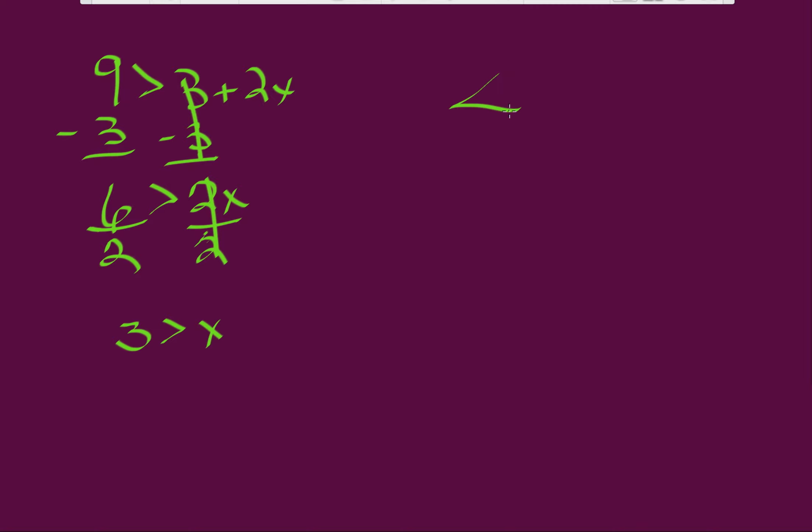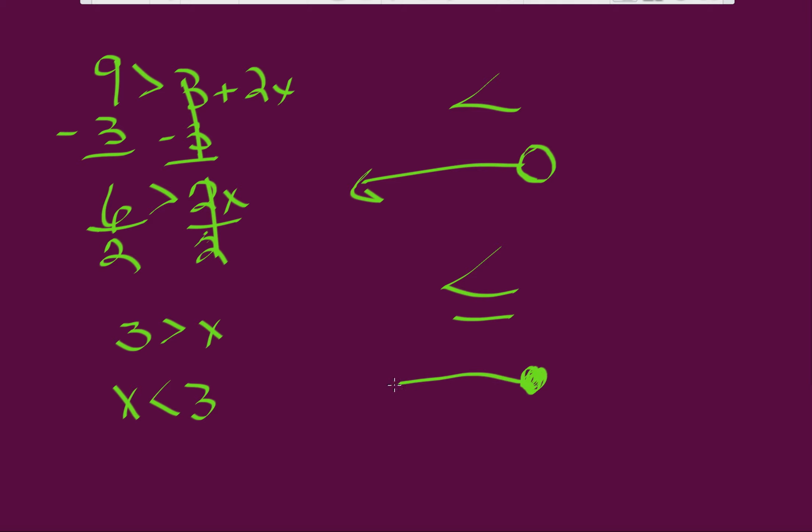So less than, we're going to rewrite this as x is less than 3 because it makes your brain feel better. Less than means the graph points to the left. Greater than would mean the graph points to the right. What about the circle at the end? Well, if it doesn't have an equal sign on it, it's open. If it looked like this, then my graph would have a closed circle and point left. Good? Let's move on.